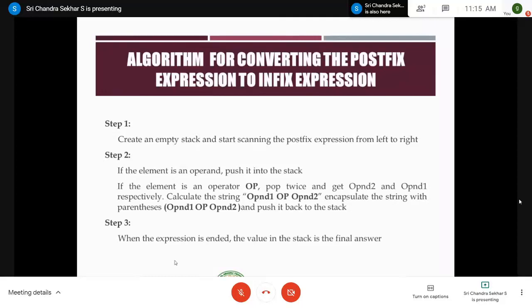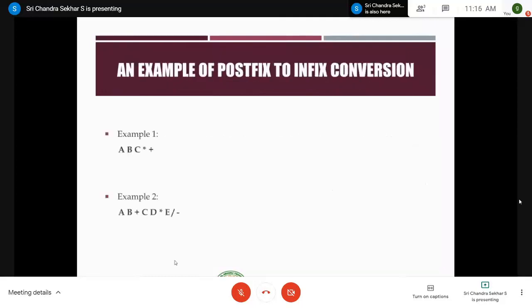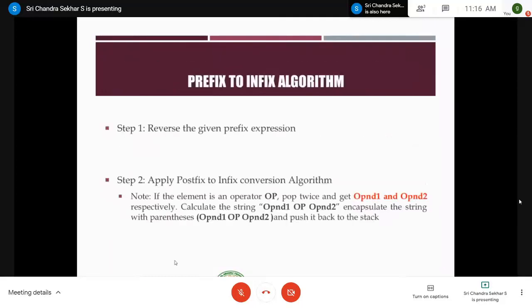As a first step, you have to reverse the given prefix expression and then you have to apply the postfix to infix algorithm.